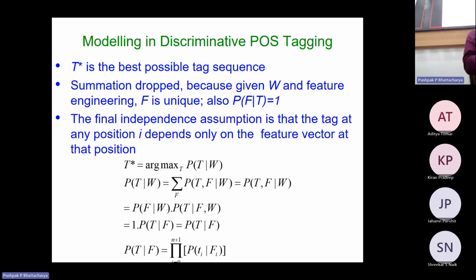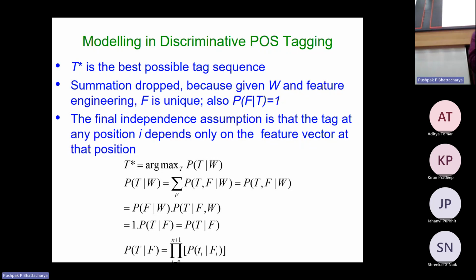Then we apply the Bayes theorem on this: probability of F given W into probability of T given F comma W. Here, probability of F given W, the feature vector given the word sequence, is completely determined. So that probability is 1.